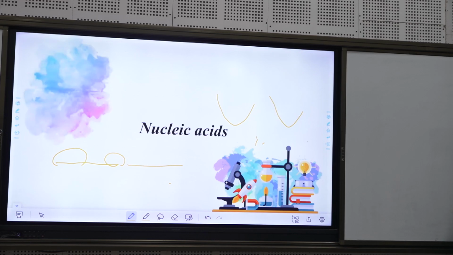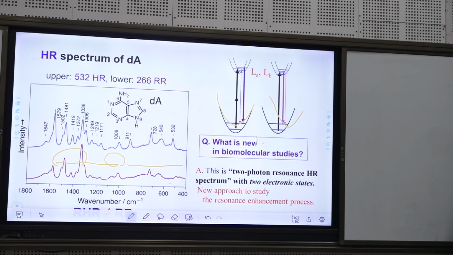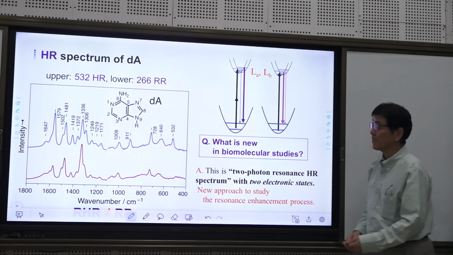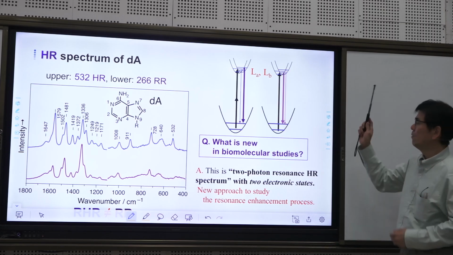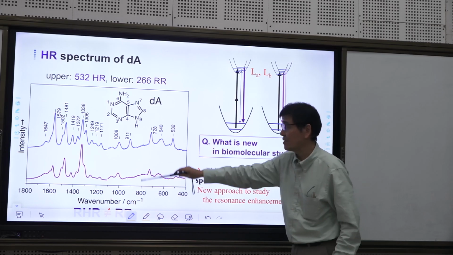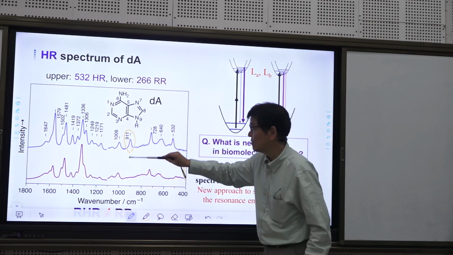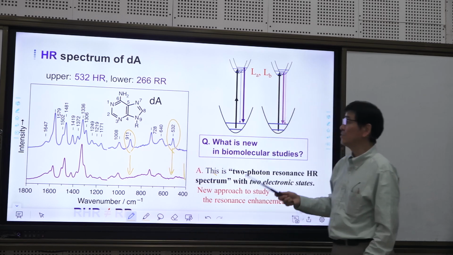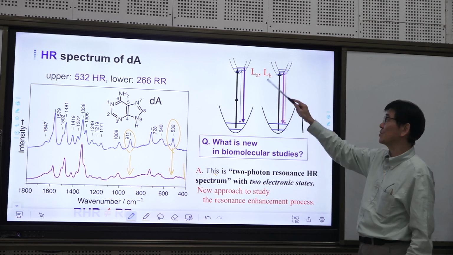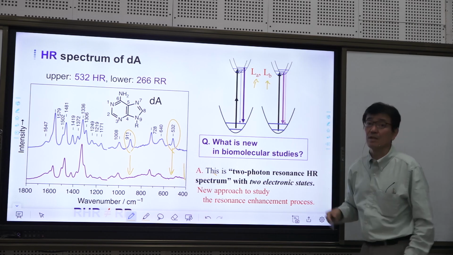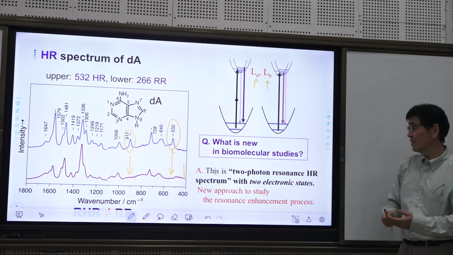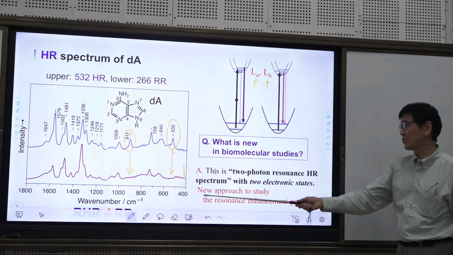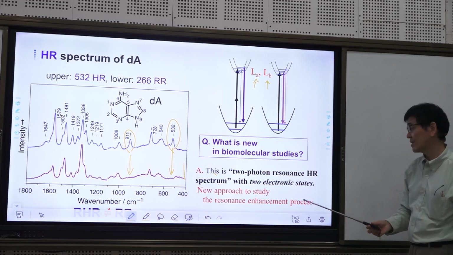But we found that if there are two electronic states, then the intensity pattern becomes different. So by analyzing the intensity difference or some peak position and intensity of the new peaks, we could be able to study the contributions of the two intermediate states. In this regard, this hyper-Raman spectroscopy is a new approach to study the resonance enhancement process.